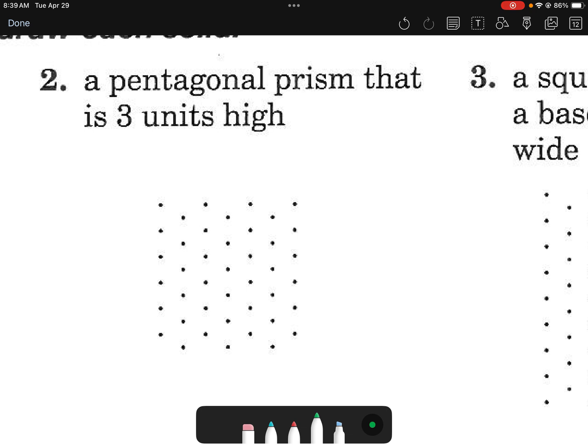Number 2, we want a pentagonal prism that is 3 units high. Okay. So I have to draw a pentagon for a base. And we need it to be 3 units high.